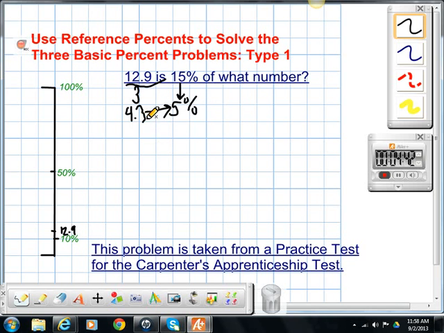So if 4 and 3/10 is 5% of the number, then simply by doubling, 8 and 6/10 is 10% of the number. So right here at 10%, we can write 8.6.